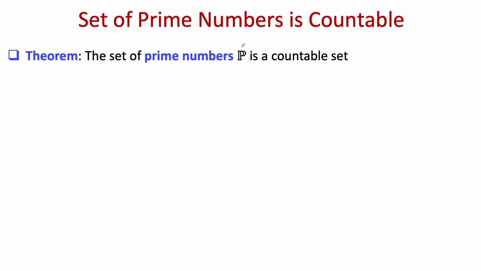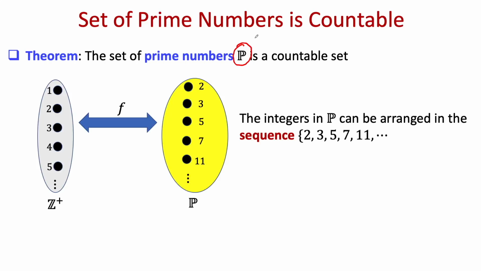Those who are not familiar with number theory might know that there are an infinite number of prime numbers. But what we are stating in this theorem is that cardinality wise, the cardinality of the set of prime numbers is the same as the cardinality of the set of positive integers.